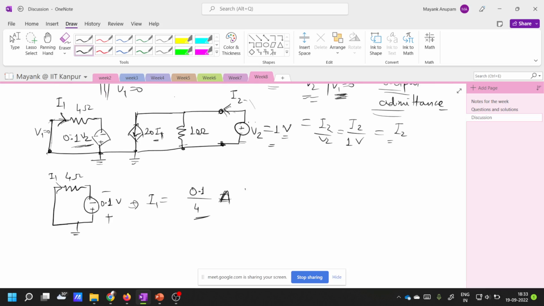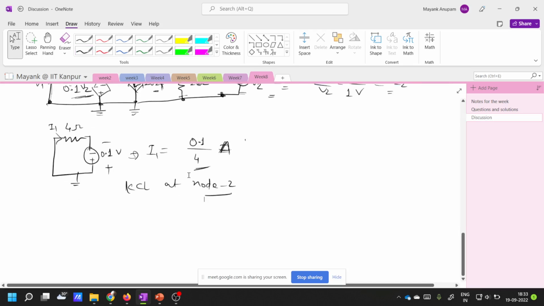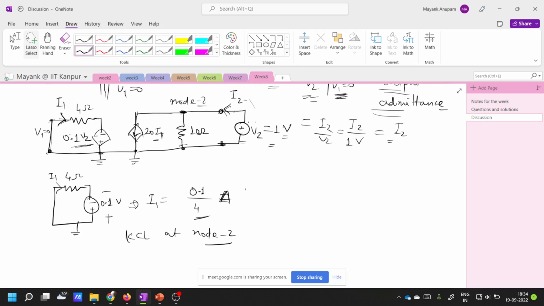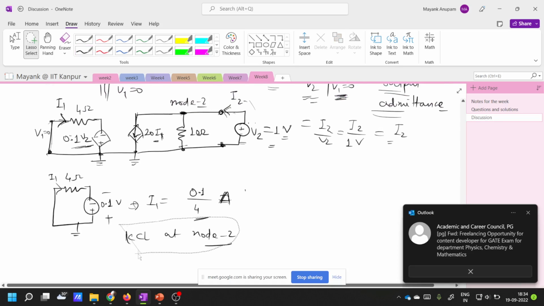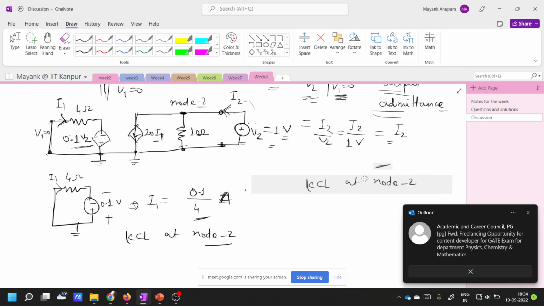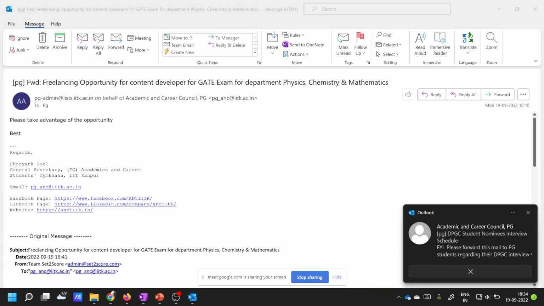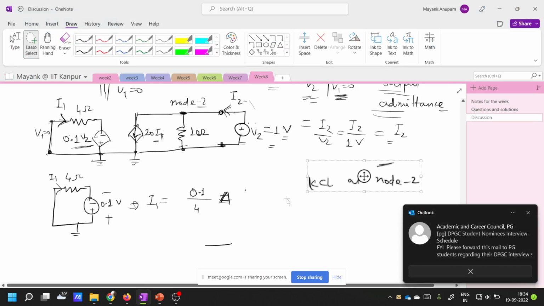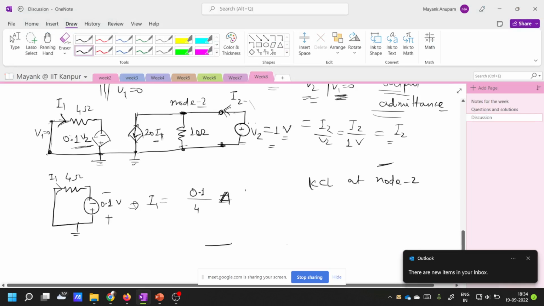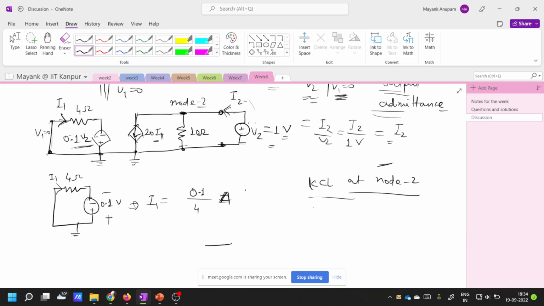Now let us try to find I2 here, right? So if you apply KCL at this node, let's call it node 2, what will be the KCL at node 2?